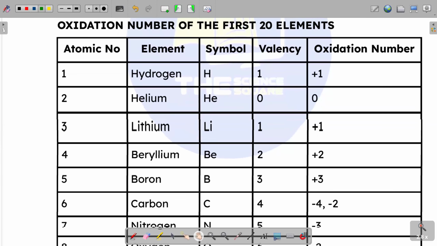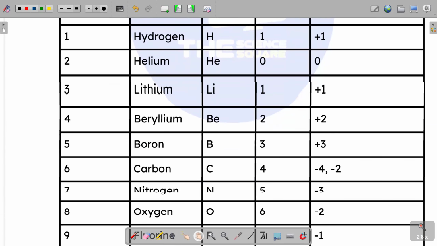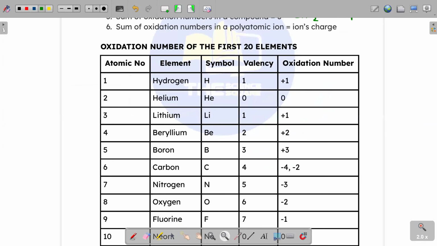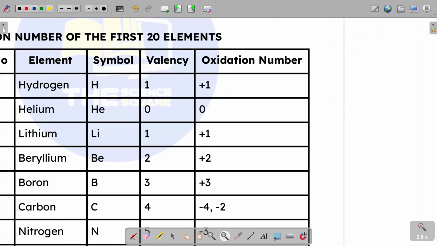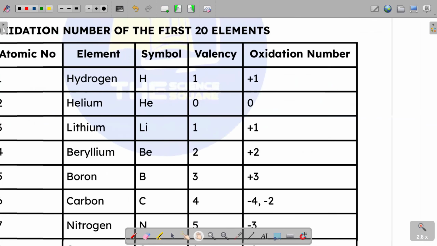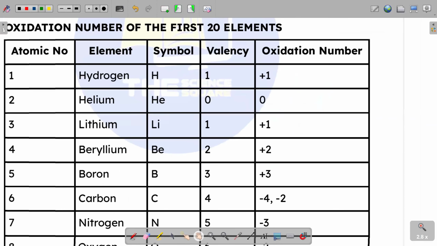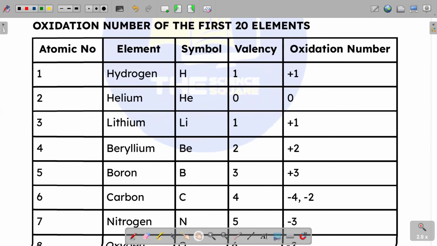For example, if you look closely, carbon can have an oxidation state of 2, and can also have an oxidation state of -2 and -4, depending on the case.